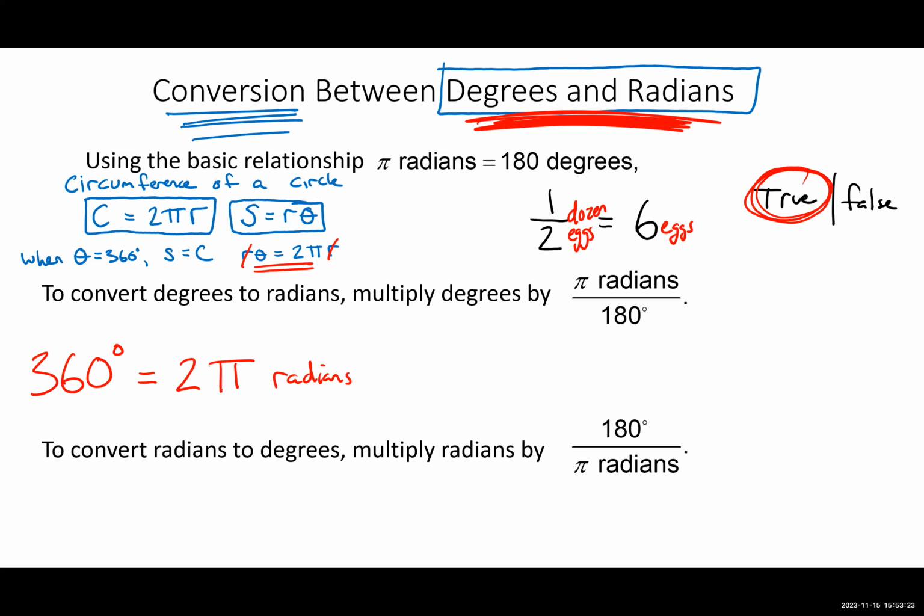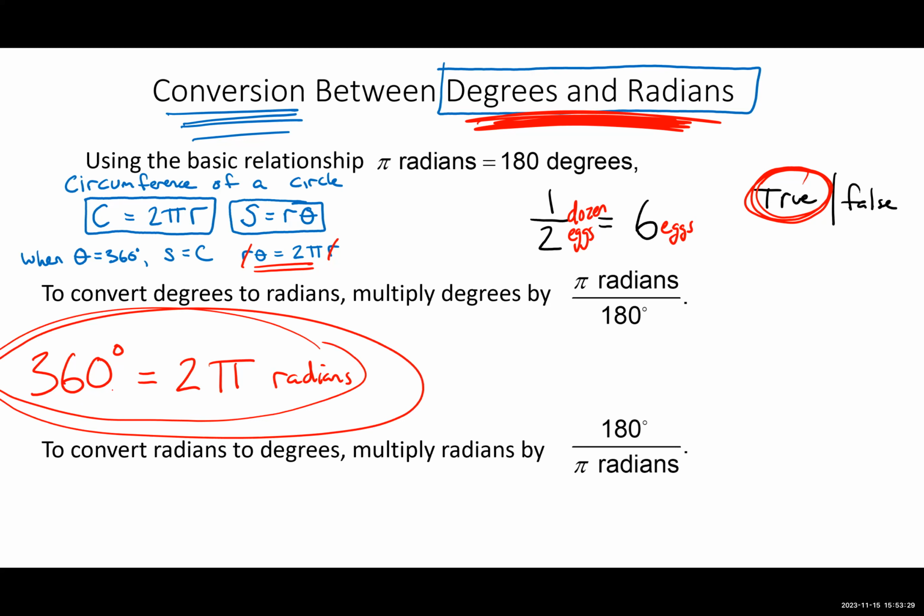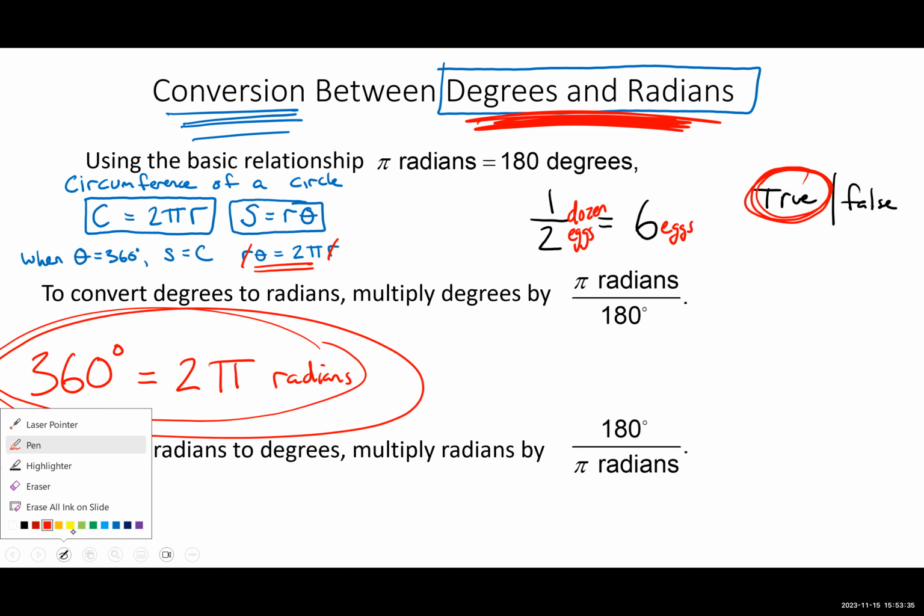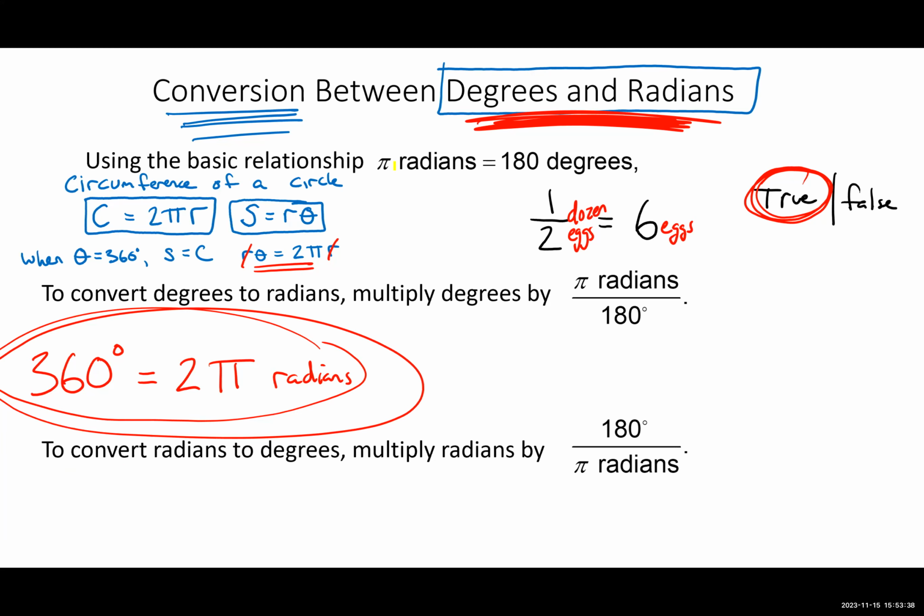Now, it's usually not given this way, because 360 is divisible by 2. So if we divide both sides of this equation by 2, we get 1 pi radian, half a circle, is equal to 180 degrees, half a circle.